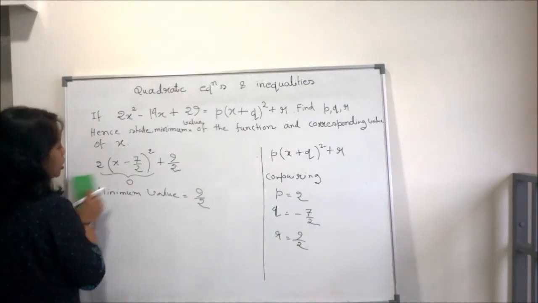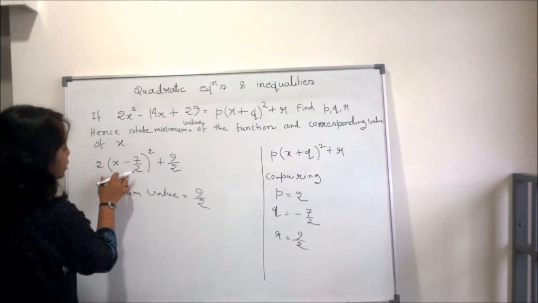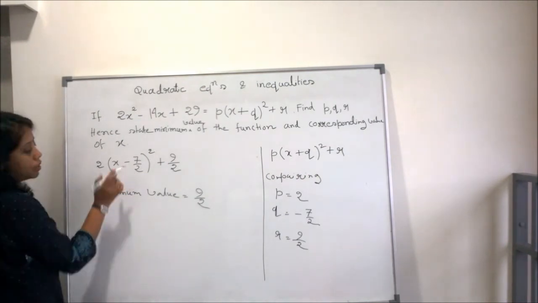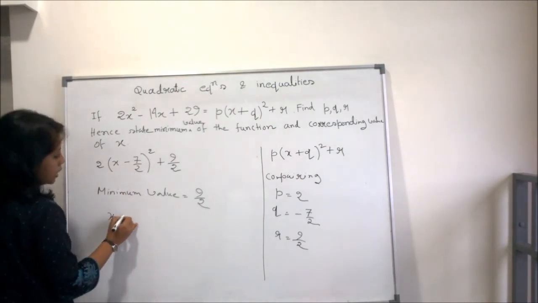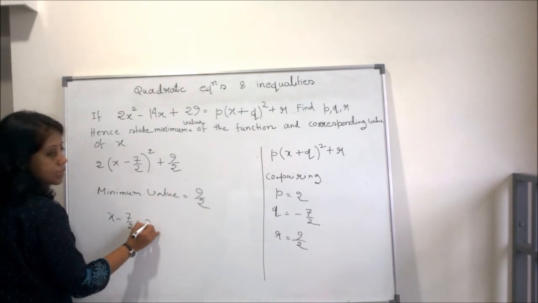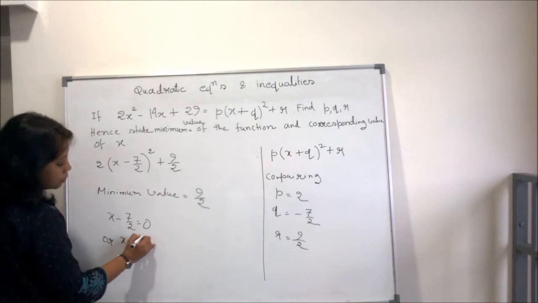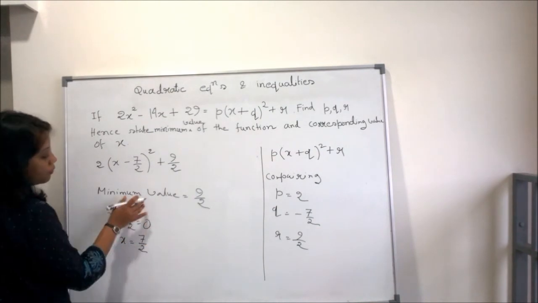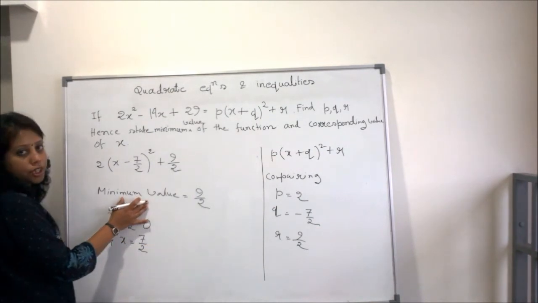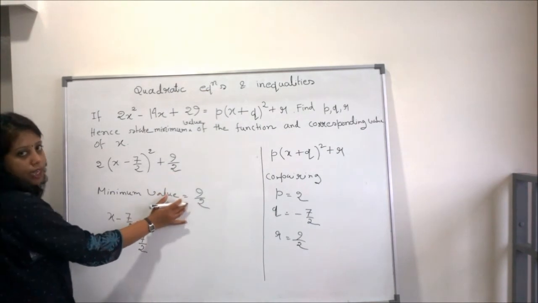Okay. So when can it be 0? When x − 7/2 is 0. So from here we can say when x equals 7/2, the value of the function is minimum, and that is 9/2.